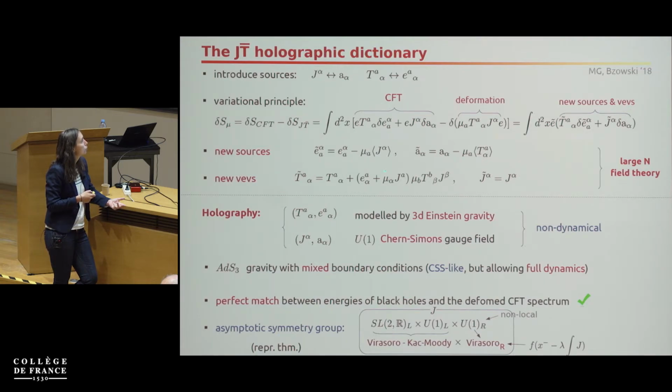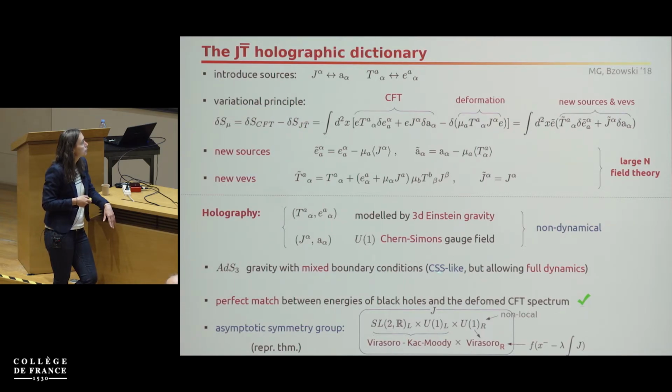So when we go to the holographic dual, which is modeled at least by three-dimensional Einstein gravity coupled to U1 Chern-Simons, we need a U1 Chern-Simons field in order to model the U1 symmetry that we have in the dual field theory. So basically what we get is AdS3 gravity with mixed boundary conditions that mix the Chern-Simons gauge field with the graviton.